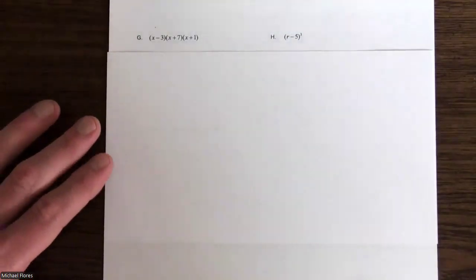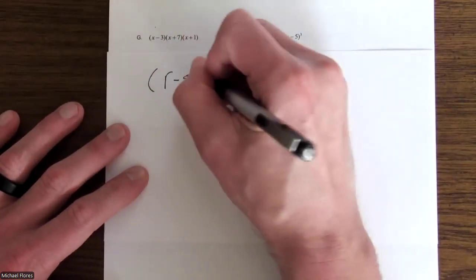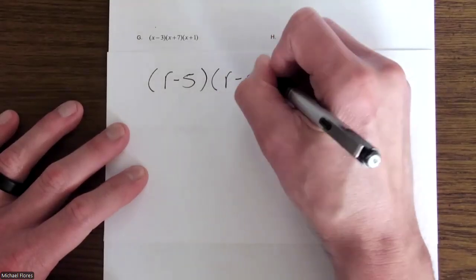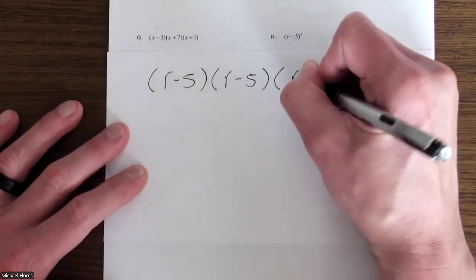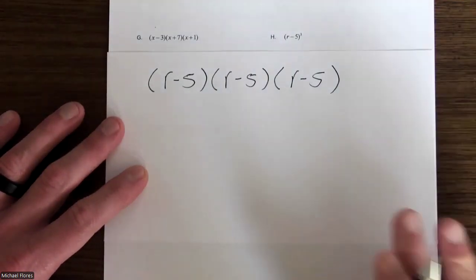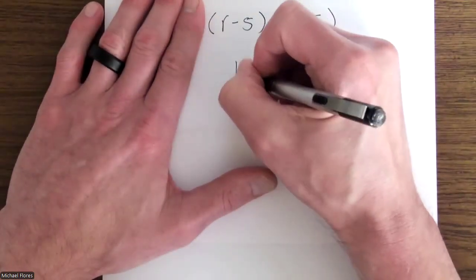Example H. We have r minus 5 that's being cubed. What that means is we need to expand it. And then I'd cover that one up. Let's FOIL.